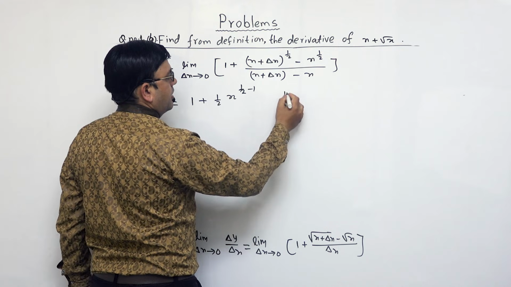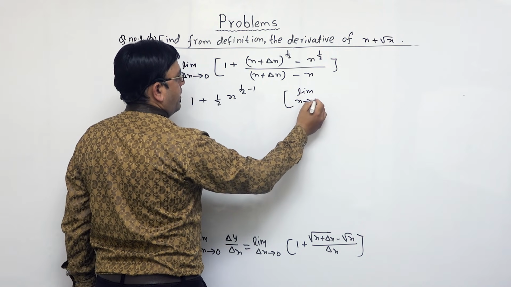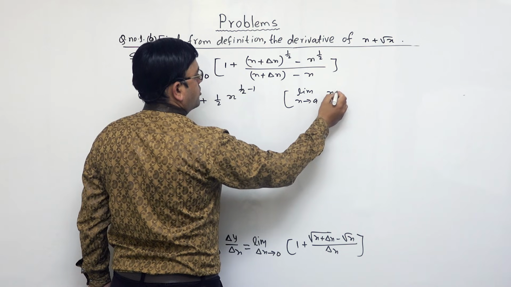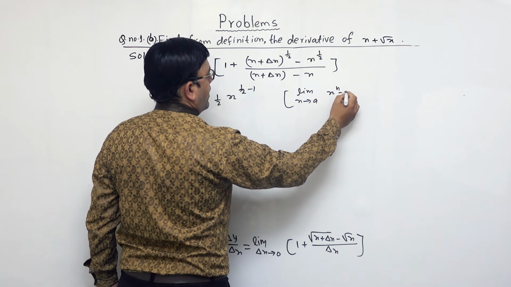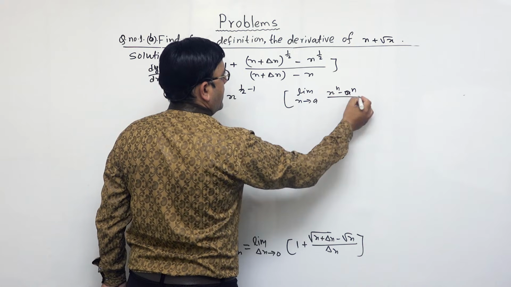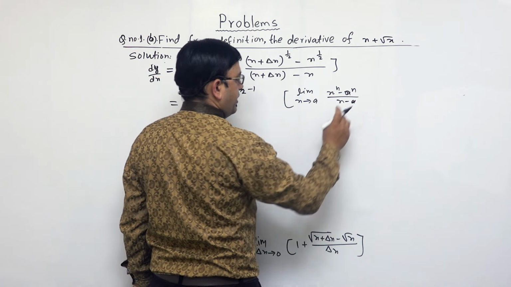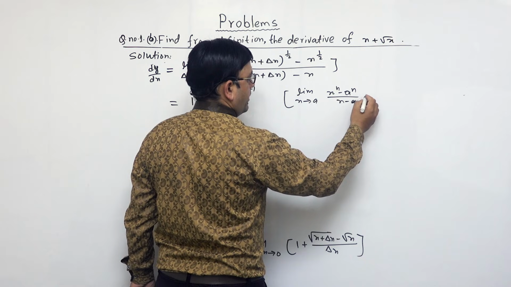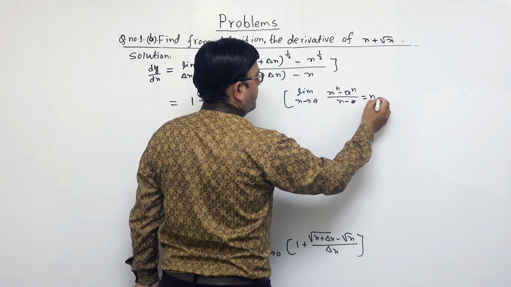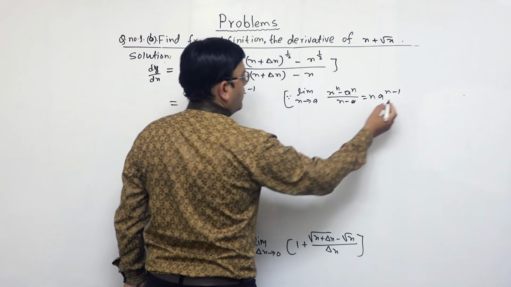We have one formula: limit x tends to a, x to the power n minus a to the power n divided by x minus a. यदि यस्तो फर्ममा भयो भने, this is equal to n times a to the power n minus 1 हुन्छ. यो हाम्रो फर्मुला हो.